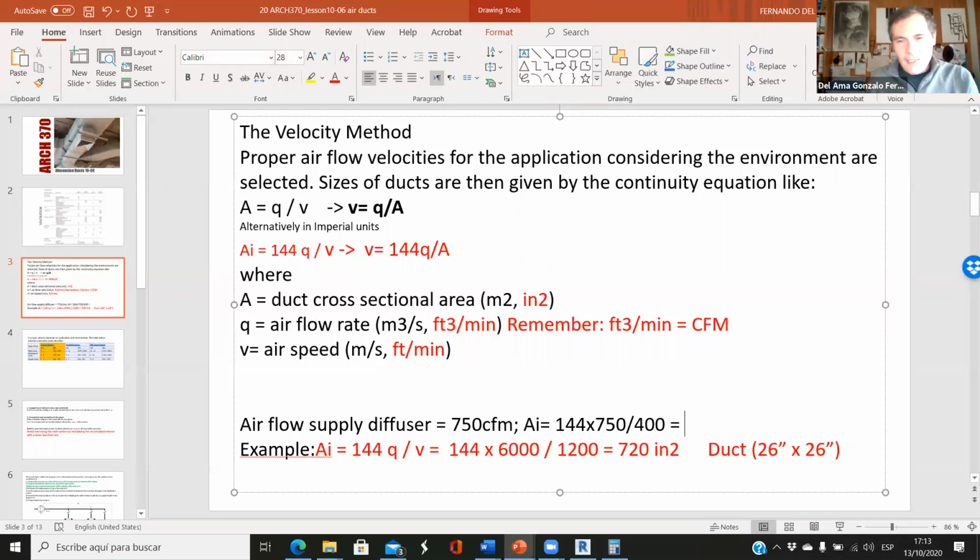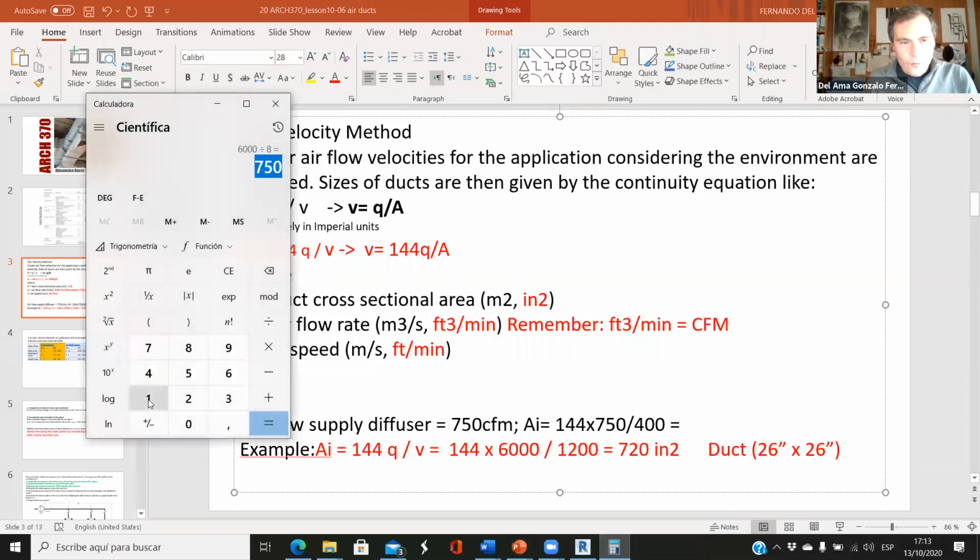So what is this area? I can make it here, 144 times the airflow, 750 divided by 400. So the area is around 270.